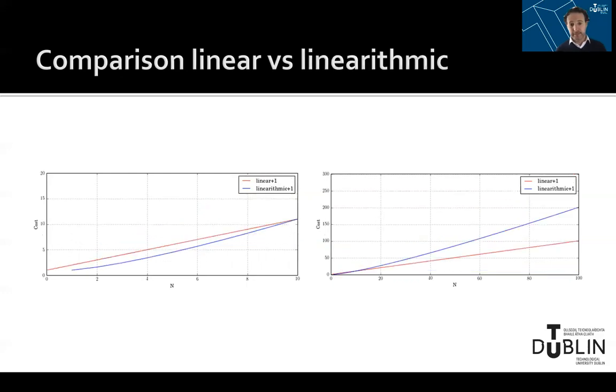Now, we have linear and linearithmic, which is n log n. So we see the red is linear, and then we see the n log n looks less, but as we push out to higher n, n log n gets higher and higher and higher. So linear is better.